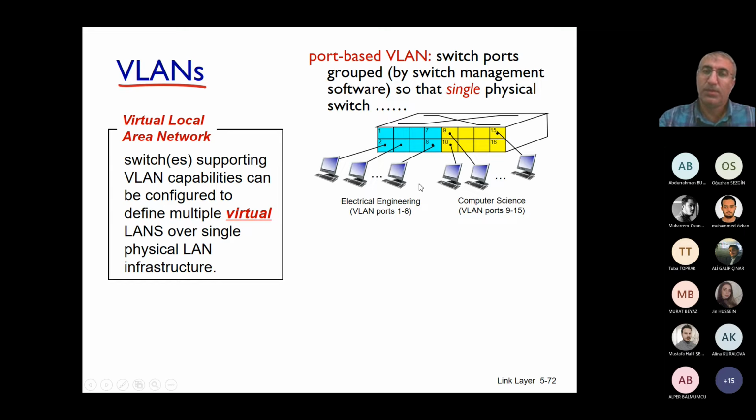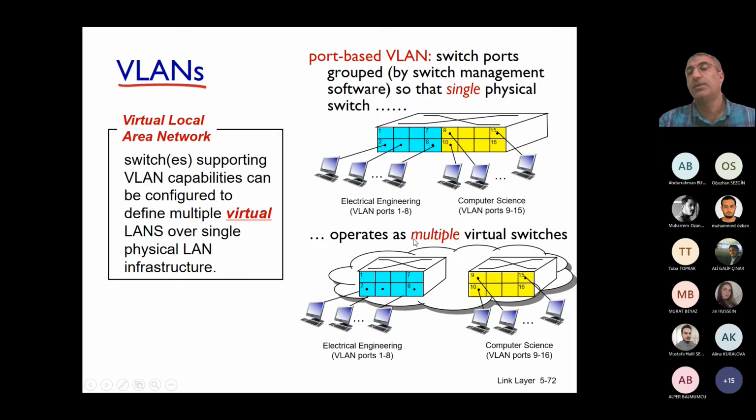The first, blue group is for electrical engineering: ports 1 to 8 are assigned to the electrical engineering VLAN, and the remaining ports 9 to 15 are allocated to computer science. It's as if we are splitting this physical switch into two small 8-port switches, right? But we are doing this virtually.